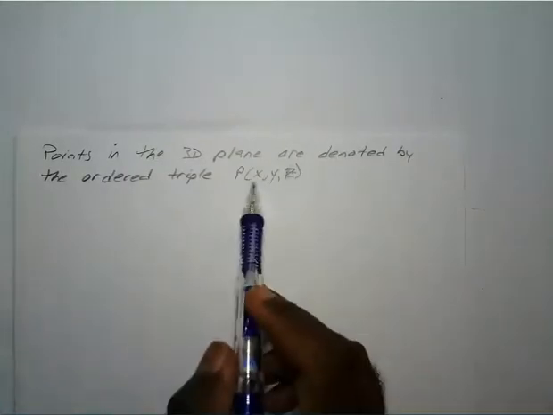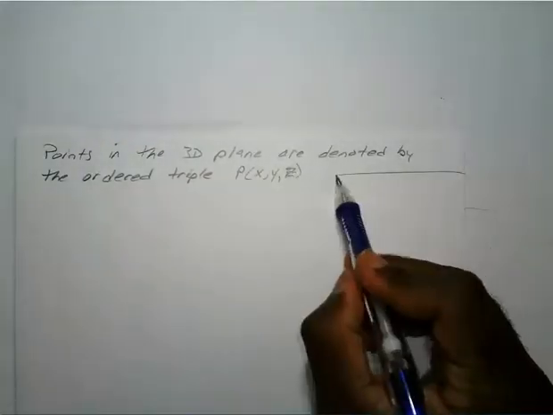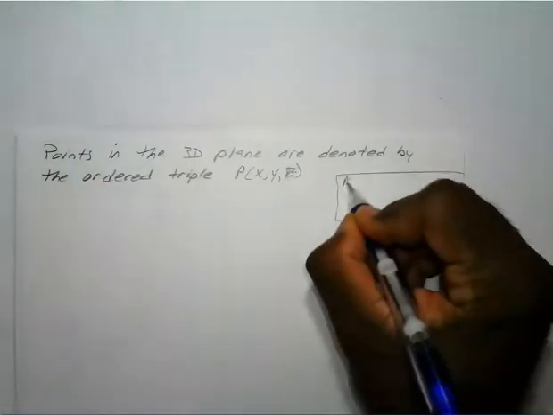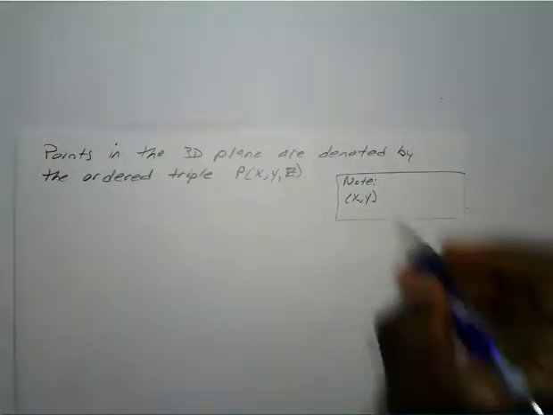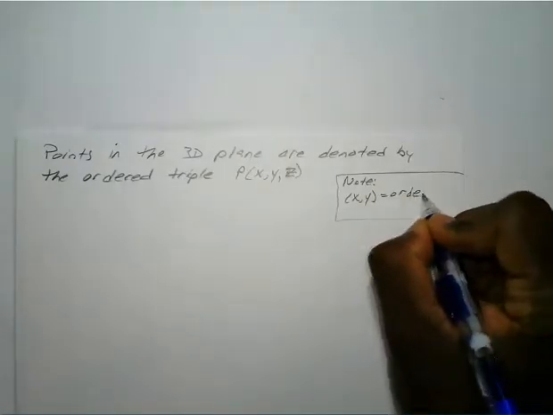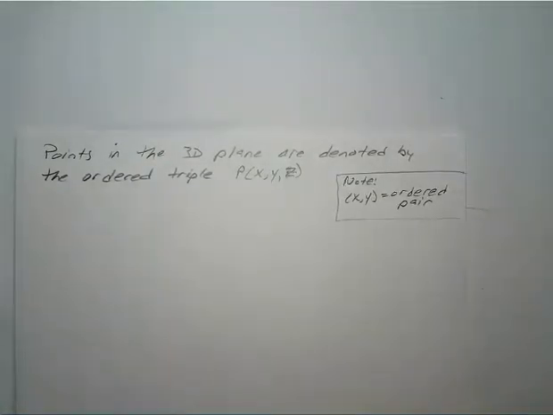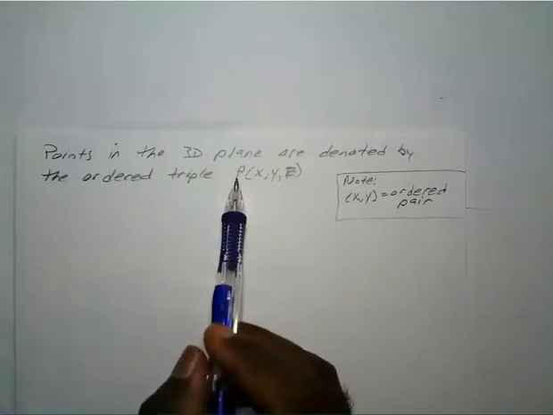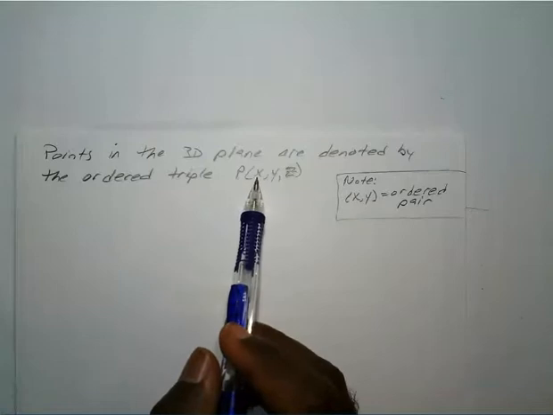Okay, so we have our X, Y, and Z. That's our ordered triple. If you remember, your X, Y is an ordered pair that we've been using so far. Okay, so that's your ordered pair. So since you have 3 coordinates, that's your ordered triple. And again, sometimes the P won't even be there. Sometimes it will, sometimes we just call it point P at X, Y, Z.